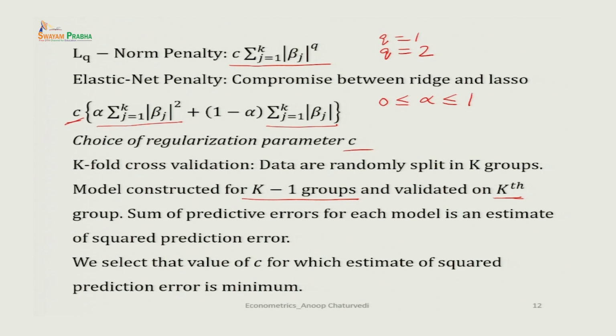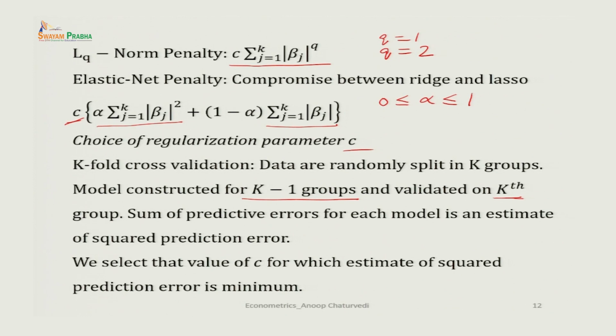So, for selecting the value of C, what we do? We do this kind of cross validation for different values of C. Then we select that value of C for which the estimate of squared prediction error is minimum.